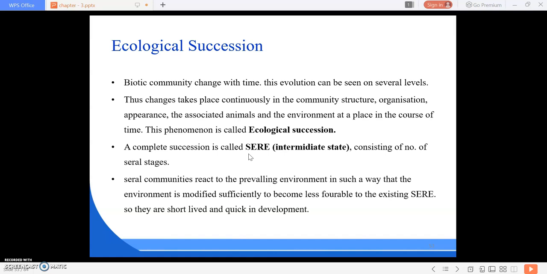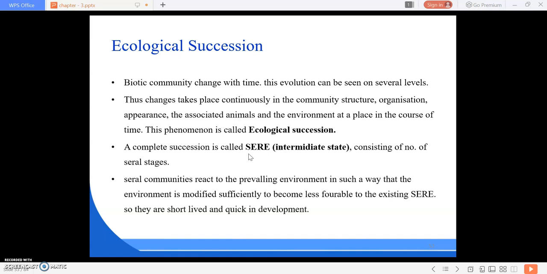Changes take place continuously in the community structure, organization, physiognomy, associated animals, and the environment at a place in the course of time. This phenomenon is called ecological succession.